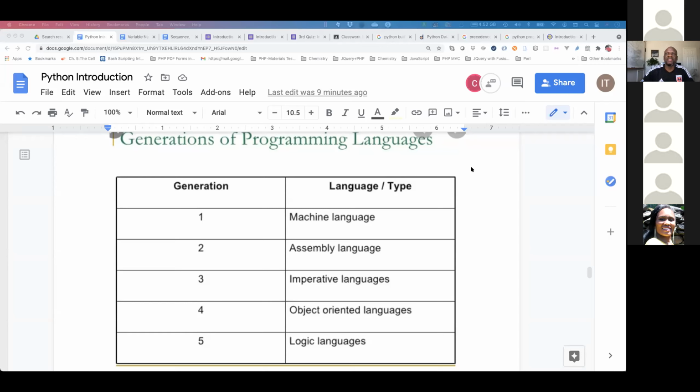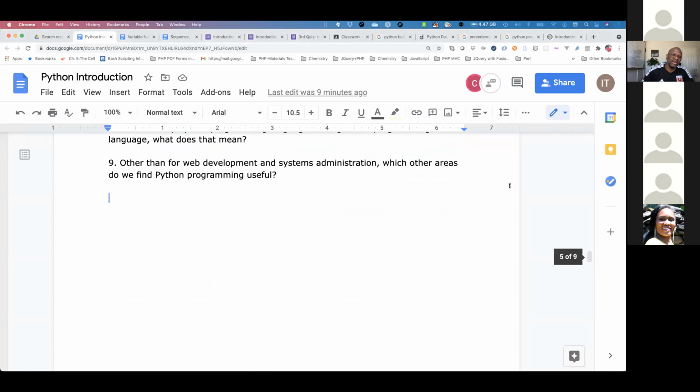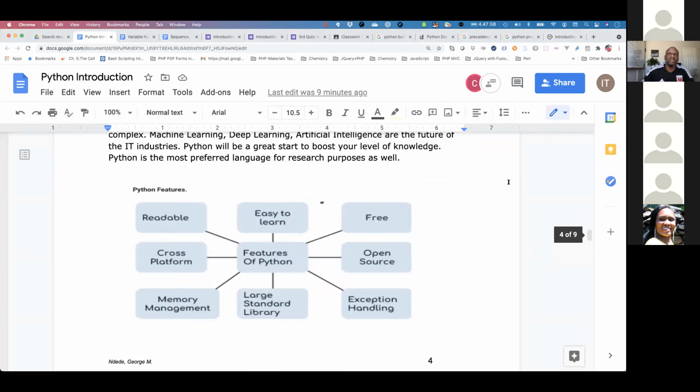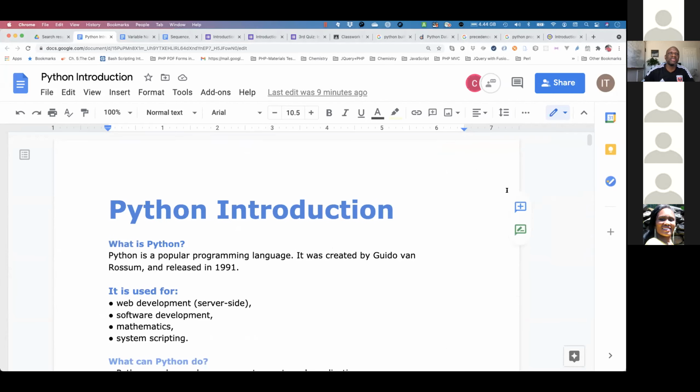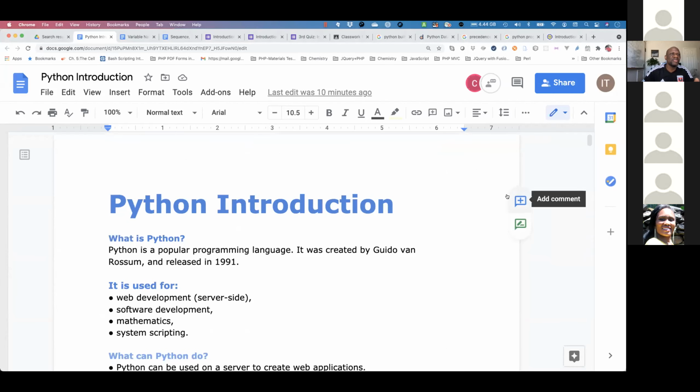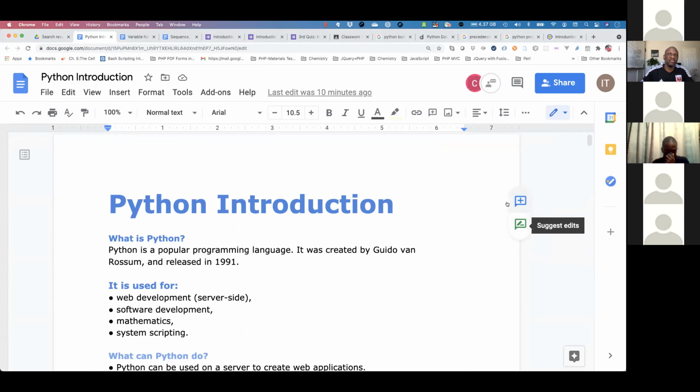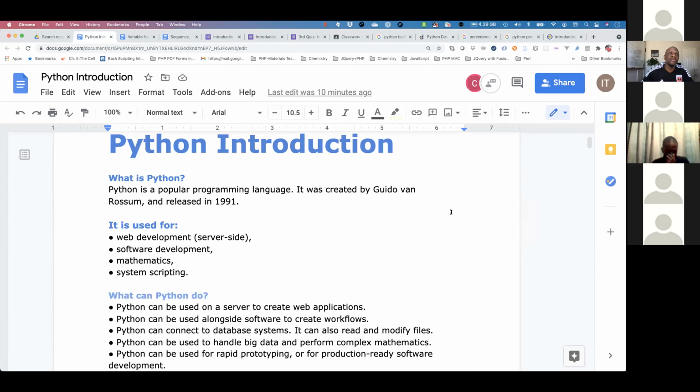This was a project done by somebody, I believe they were still in college. They came up with the idea and enhanced an already existing language to make it much friendlier, much easier to learn, and much better. The person's name was Guido van Rossum. So he basically is the father of Python.